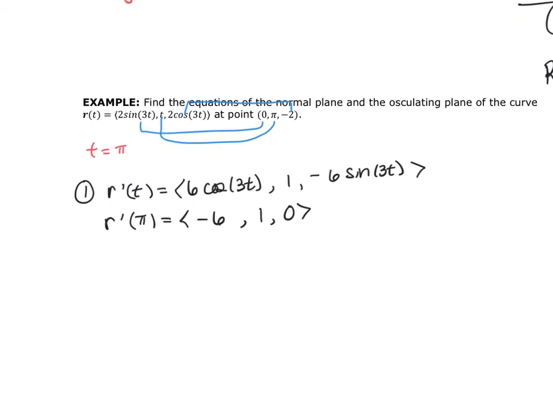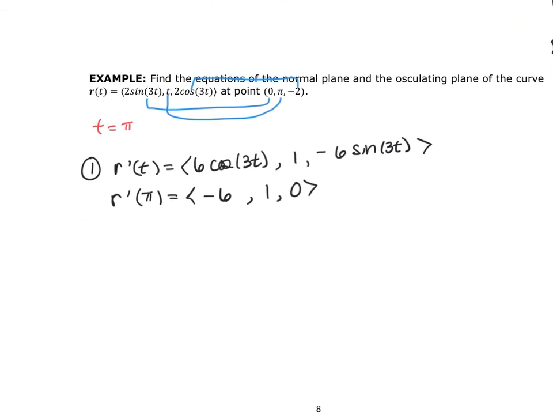So then the modulus, or the magnitude, is going to be the square root of negative 6 squared plus 1 squared plus 0 squared, which gives me the square root of 37.